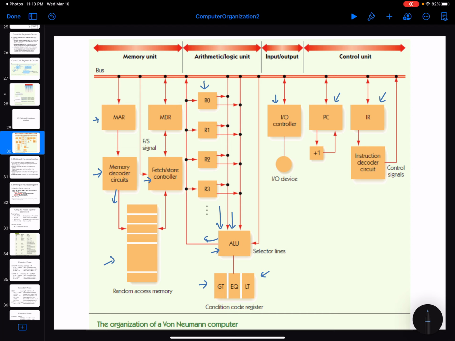A part of it, the operation code, is sent to a decoder. The decoder sends out the proper signal to the corresponding unit, either the input output, the memory, the ALU, or other parts. So this page shows you all of those pieces that we have talked about.